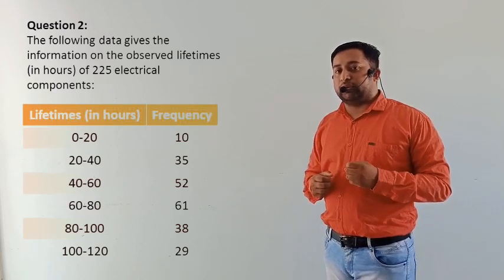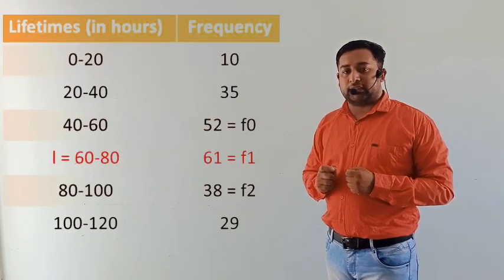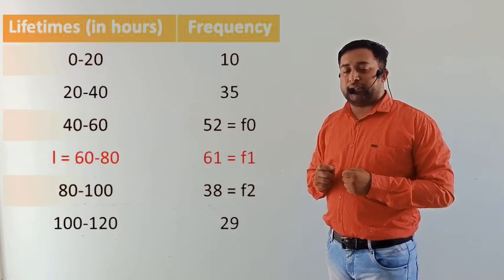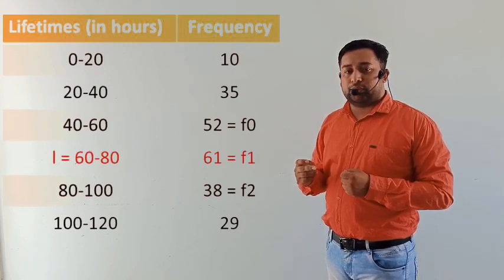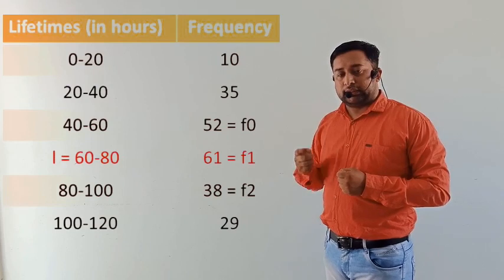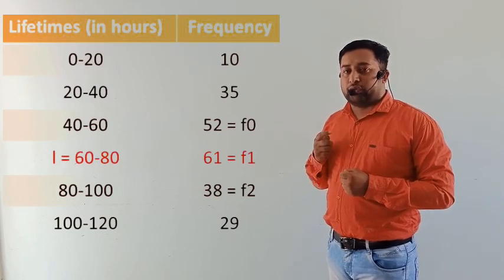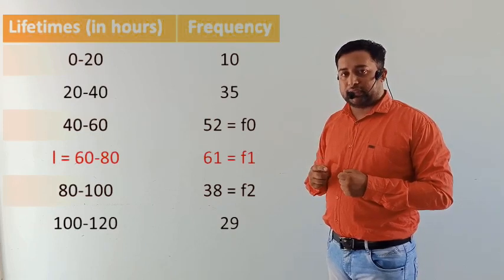What will be the first thing you need to check? Look at the frequency table. Which one is our largest frequency, among 10, 35, 52, 61, 38 and 29? 61 is the largest one. So our f1 will be 61. Our L is 60.